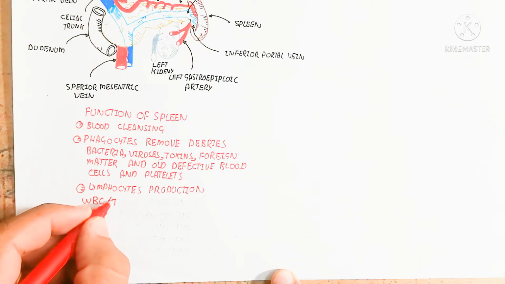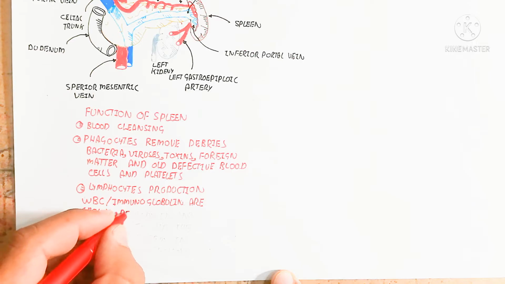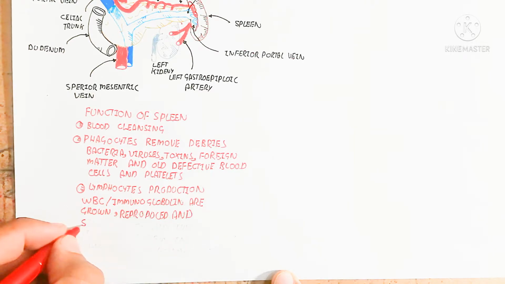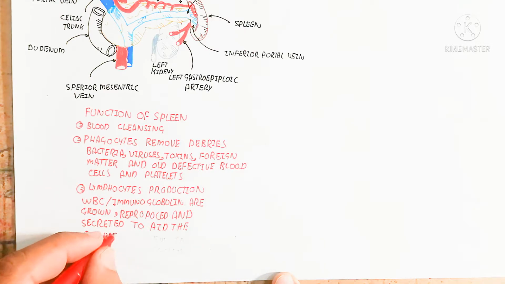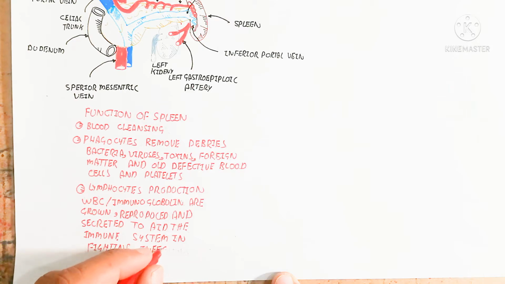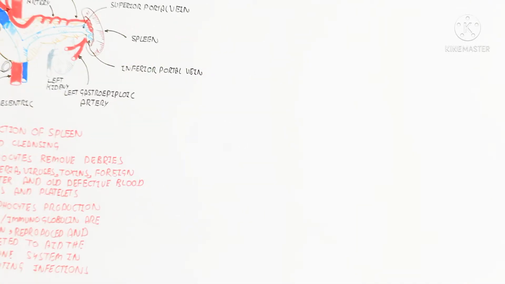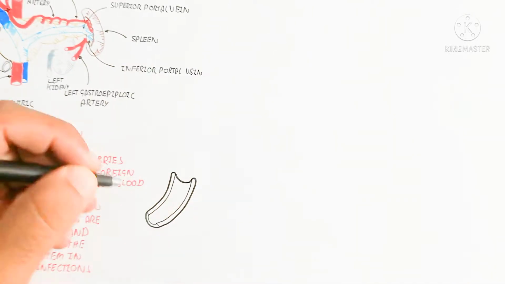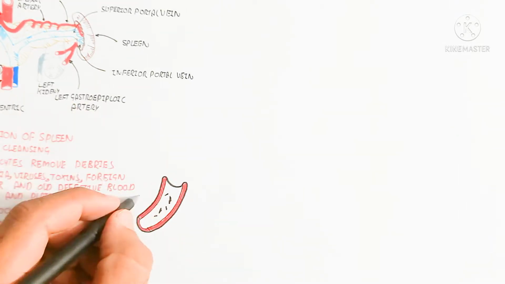Next is lymphocyte production: WBCs and immunoglobulin are grown, reproduced, and secreted to aid the immune system in fighting infection. The important thing is that immunoglobulin is also produced, as well as other things we will discuss in this video in detail.